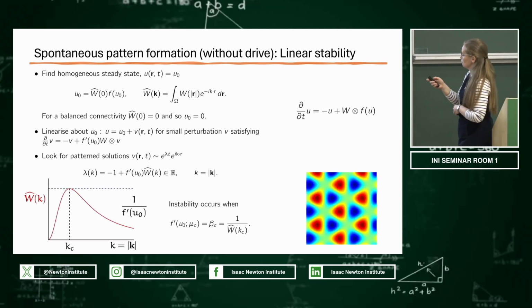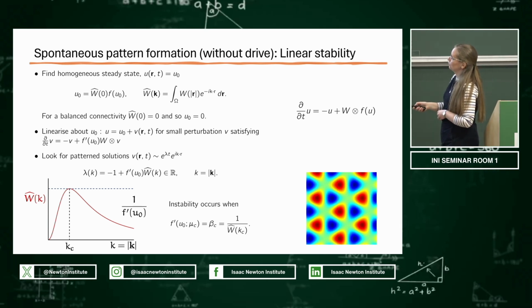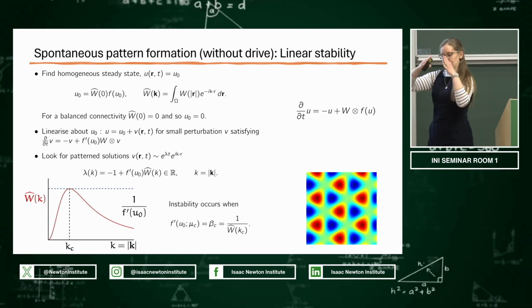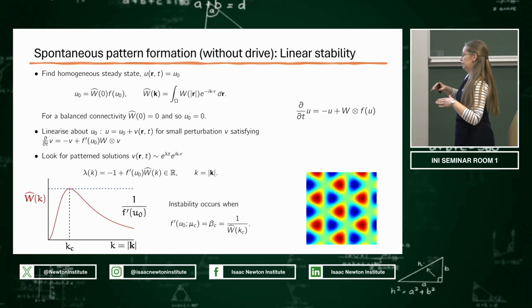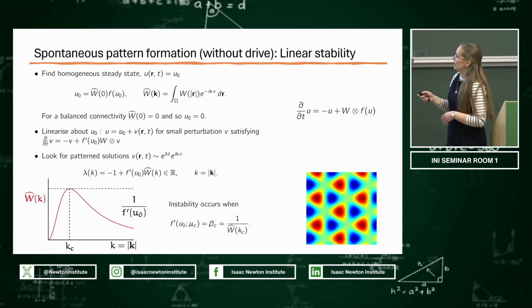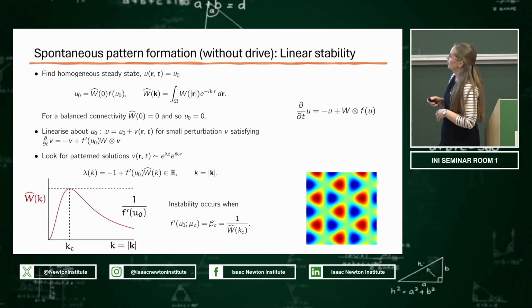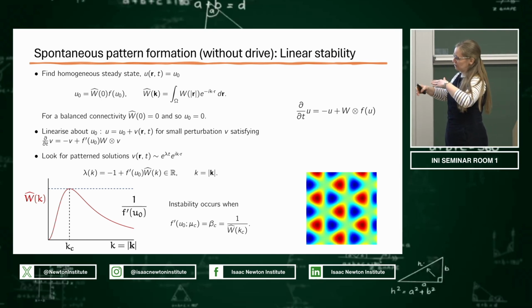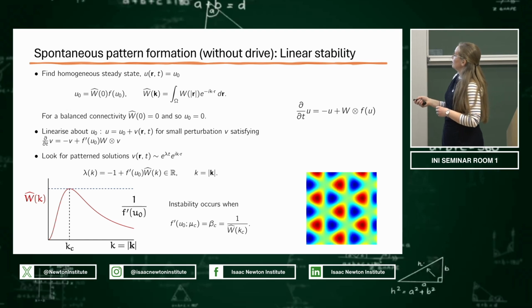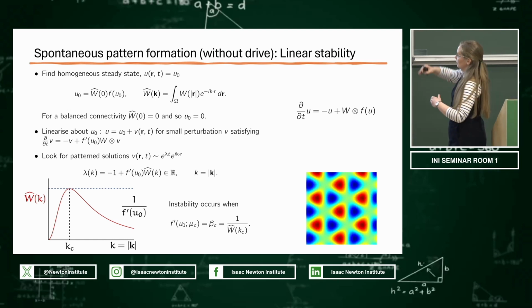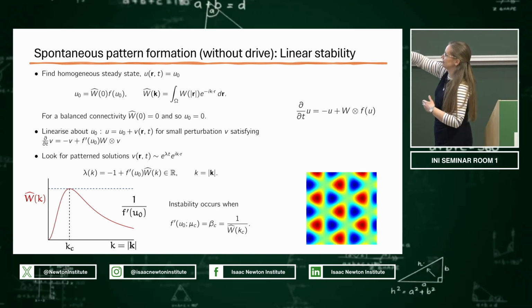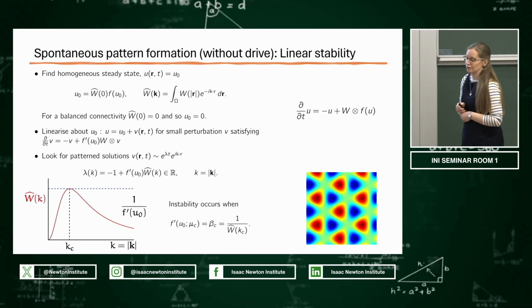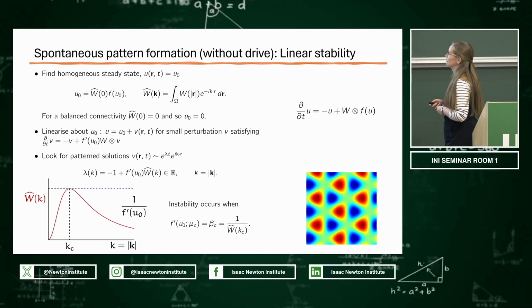Okay, so this is the Fourier transform of our connectivity kernel, and it has this single hump here, so that if we're changing the slope of our firing rate function, so that's this mu, it's going to bring that dotted line down, and at some point we're going to get the growth of some wave number. Let's call it Kc.